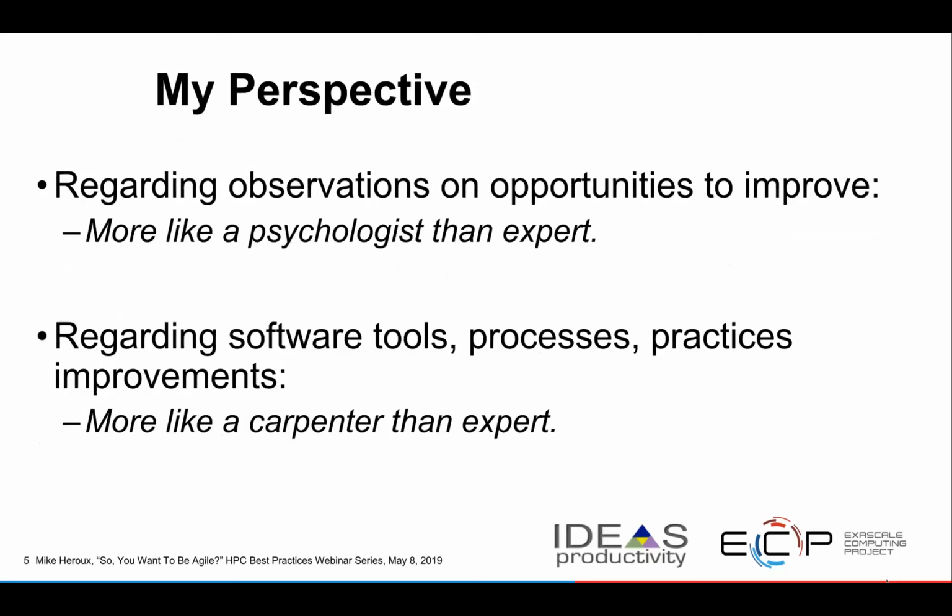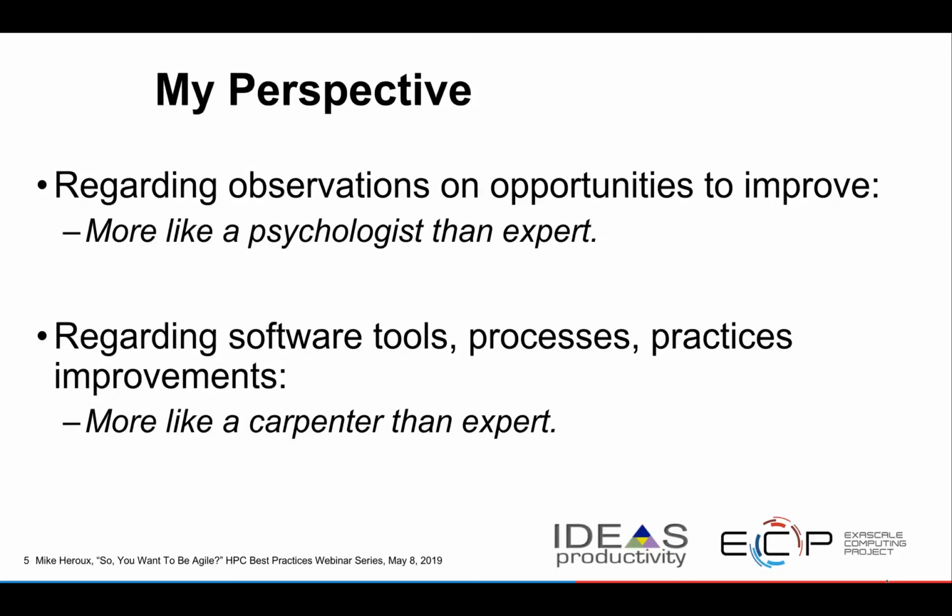So my perspective: I'm not really an expert in Agile software methodologies. I don't want to pretend to be, but I have had a lot of experience writing scientific software and have done so over a long period of time. So I've been able to see the benefits or negative impacts of decisions that we make, and practices and things that we do or don't do as we produce scientific software.